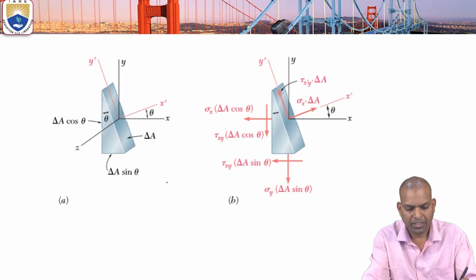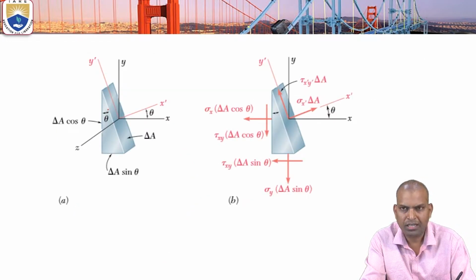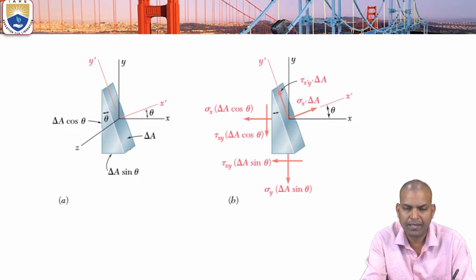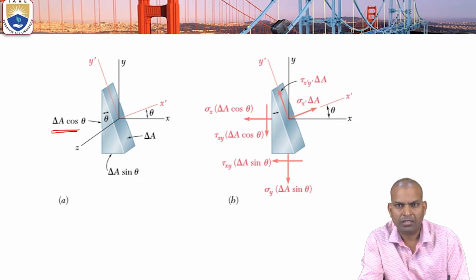Now here, we consider the triangular prismatic element having cross-sectional area del A, resolving horizontal and vertical components. The horizontal component is del A cos theta, and the vertical is del A sin theta.